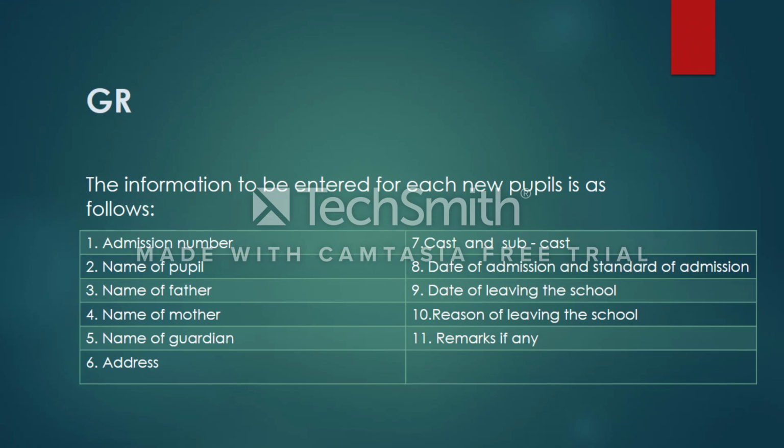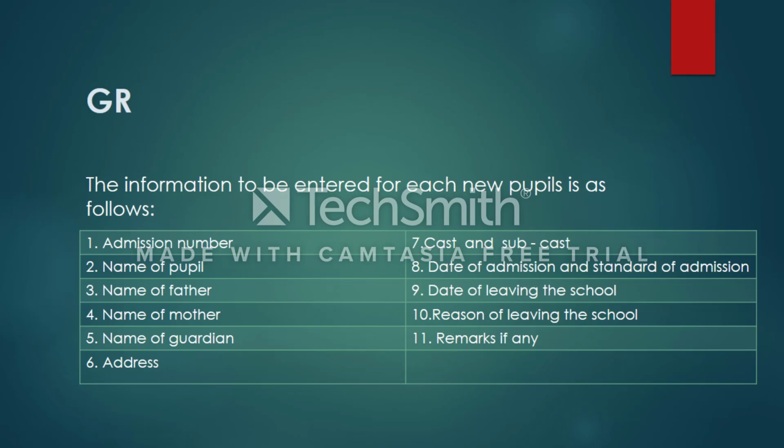The information to be entered in the GR for each new pupil is as follows: first, admission number; second, name of pupil; third, name of father, name of mother, name of guardian; address; caste and subcaste; date of admission and standard of admission. Means when the pupil comes for admission, that should be mentioned.